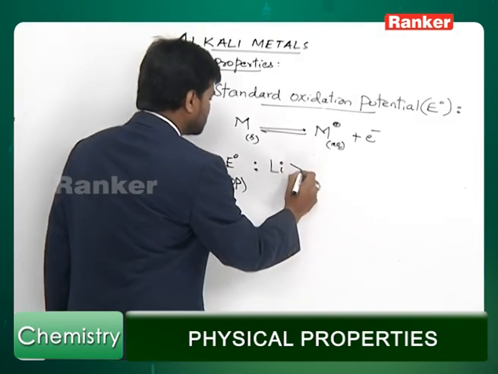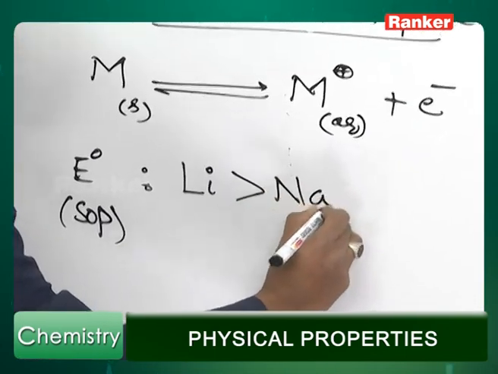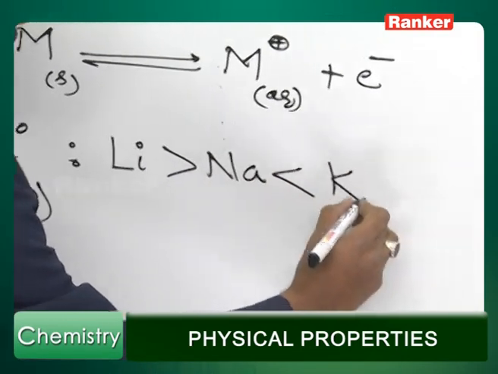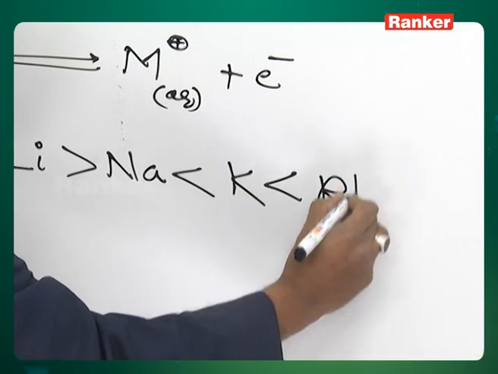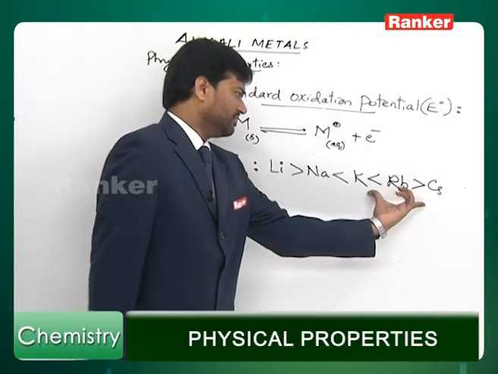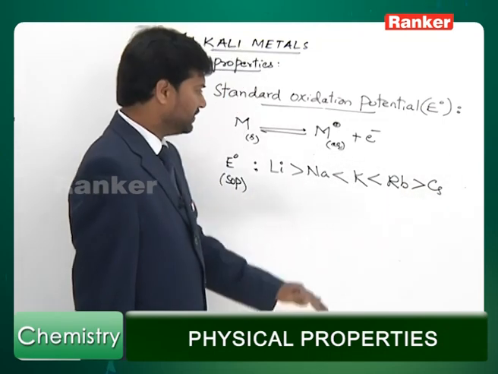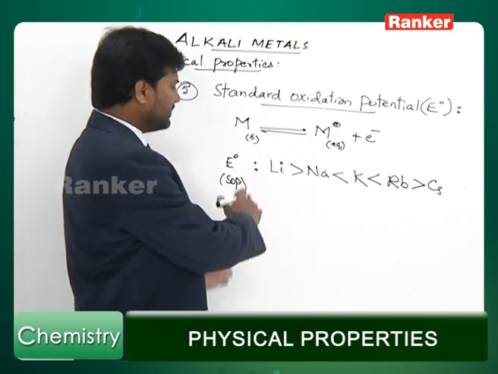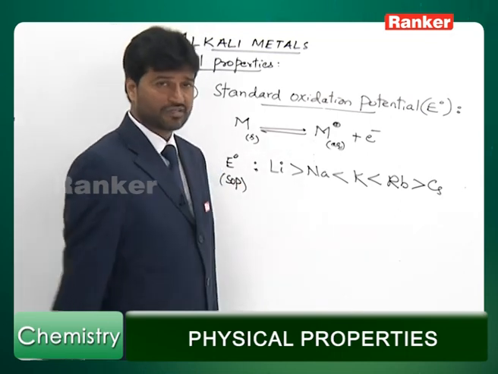Then comes sodium, and then sodium is less than potassium, potassium is less than rubidium, and there is a marginal difference here. There is a marginal difference from potassium to cesium. This is the order. So, in a generalized way it is supposed to increase down the group, but there is an anomaly.